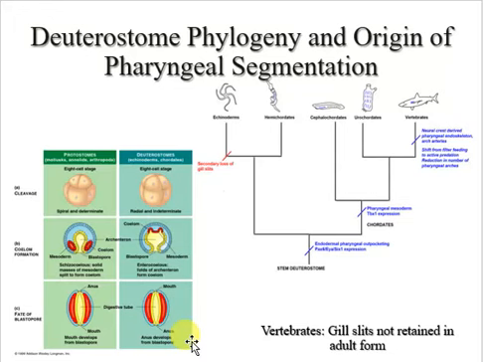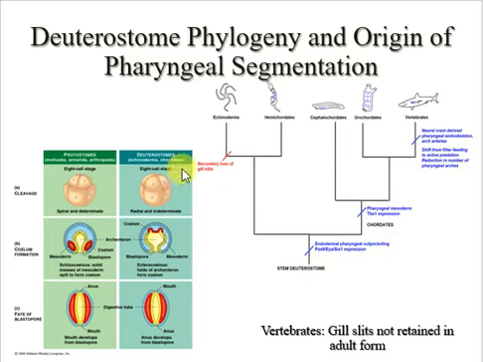So vertebrates are part of Deuterostomia. Deuterostomia is a subtaxon of the group Bilateria. Bilateria is known for their bilateral symmetry. Now, vertebrates are part of chordates. So here's your early deuterostome, and then you have the separation of your echinoderms from your chordates.